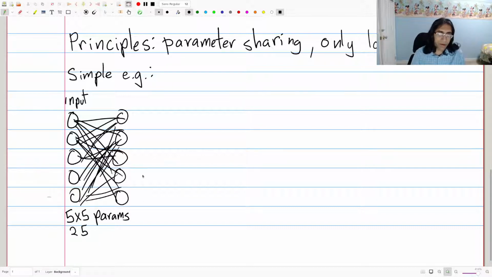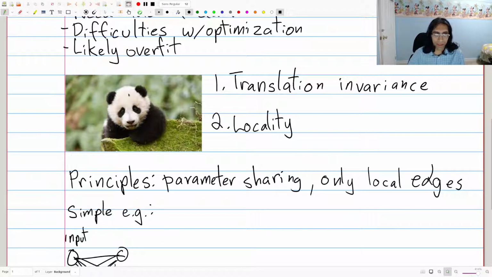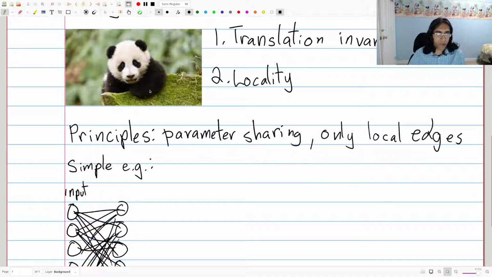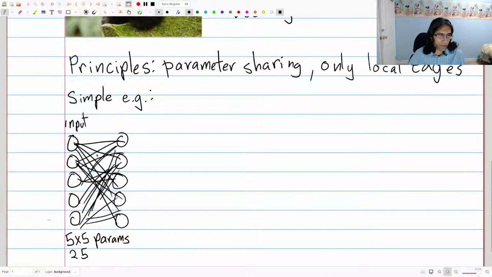But now, like I said, the first principle that we're going to use is locality. We care only about pixels of the input which are close to each other when we're making decisions. So there's no reason for this neuron over here to simultaneously look at this pixel of the input as well as this pixel of the input, because they're very far from each other.